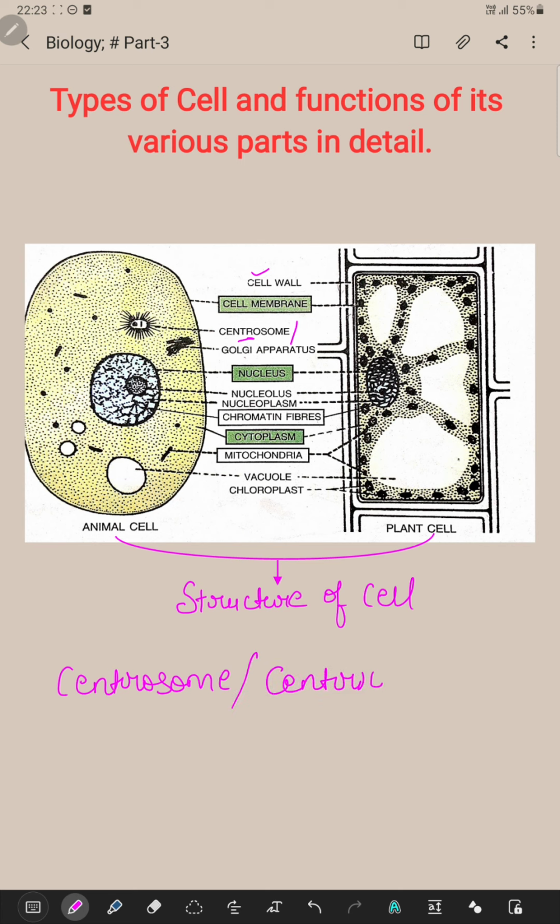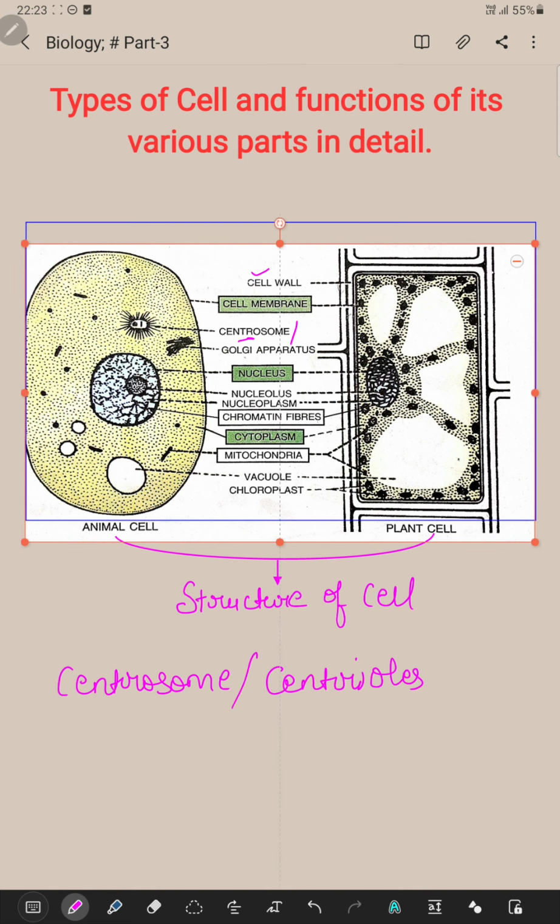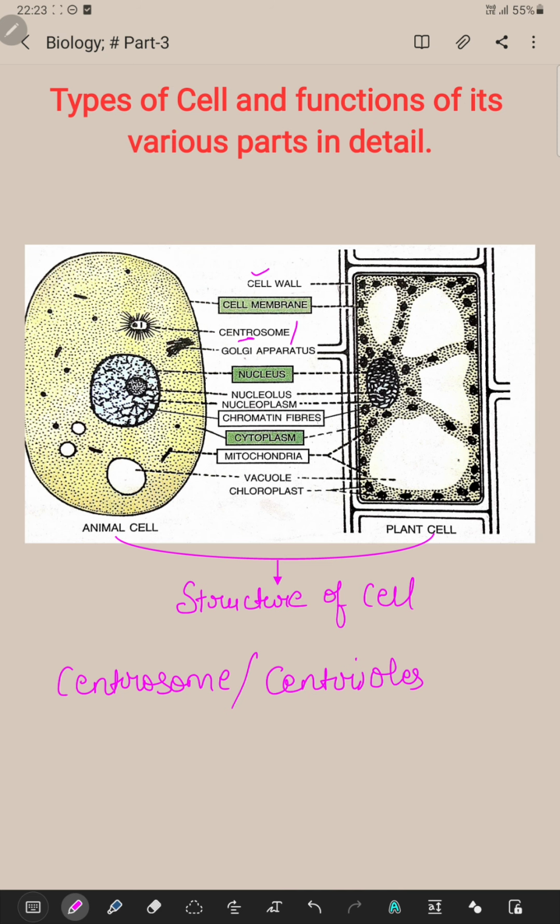Then we have the Golgi apparatus. Plant cell also has Golgi apparatus, but in plant cell the Golgi apparatus is known as dictyosome.